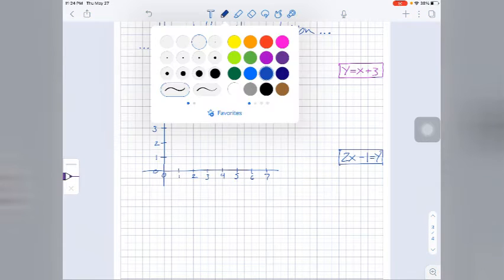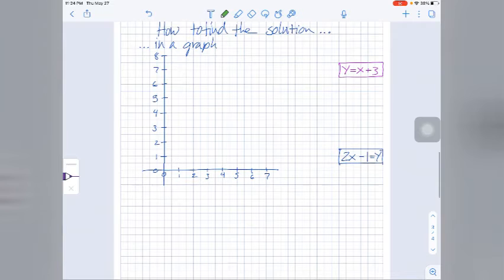The way that I have showed you before is, we start with the number that's in the spot where b goes, and we know that's our y-intercept. So in y equals x plus 3, this is going to start at 3, right there on the y-axis. And then because this is 1x, it's going to go up by 1 every time.